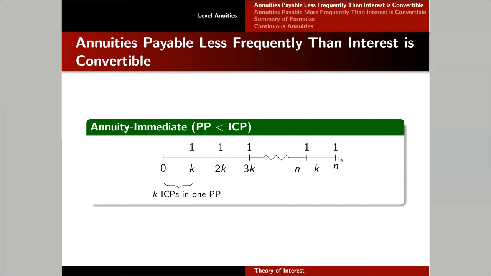We're going to evaluate its present value and its accumulated value. How are you going to get the present value? Diba? All you have to do is to carry all these values to time 0. So for example, itong unang 1 na to. How are you going to carry it to time 0? You multiply it by V to the K. Okay? The second payment of 1, you multiply it by V to the 2K to be able to carry it to time 0.